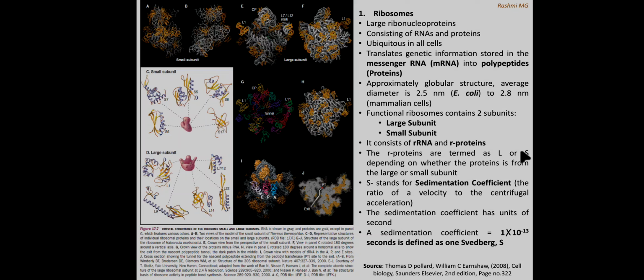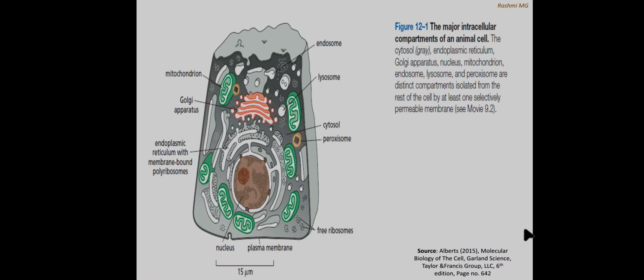It is not this S. You will be coming across this S in the next slide. So that is known to be Svedberg. So this point is very important in competitive exams. So a sedimentation coefficient is what? It is the ratio of velocity to the centrifugal acceleration. So it is a Svedberg unit.